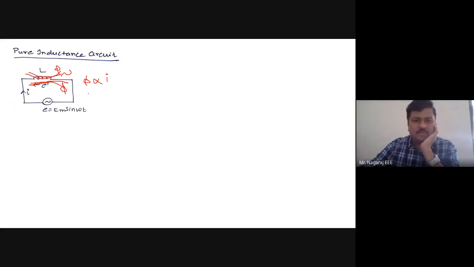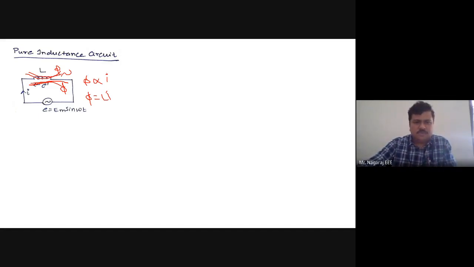Or I can write this flux phi is equal to L into I. Pardon me for this on-screen writing, I am doing it by mouse, so it may not be that beautiful, but the concept is important.